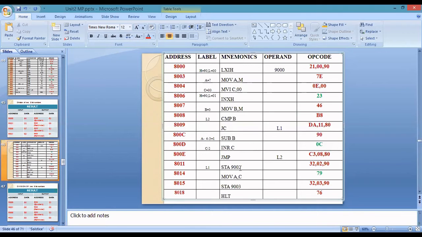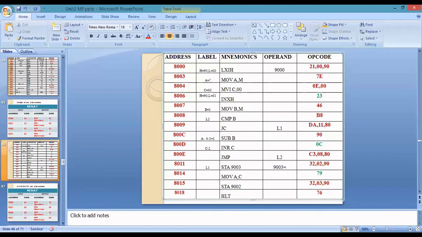At L1, STA 9002. What is the data available here? 1. That is called the remainder. The remainder will be stored in the 9003 memory location, because the accumulator consists of only the remainder. STA 9003 means the A value 1 will be stored in memory location 9003.